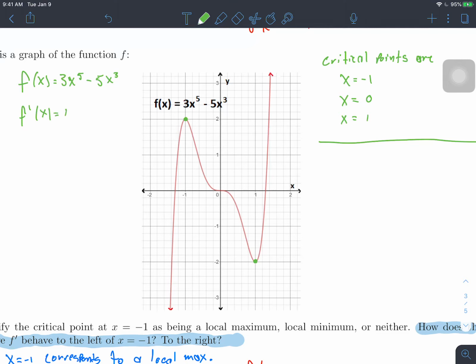We got 15x to the 4th minus 15x to the 2nd power. And we can even compute f double prime of x. That's going to be equal to 60x cubed minus 30x.